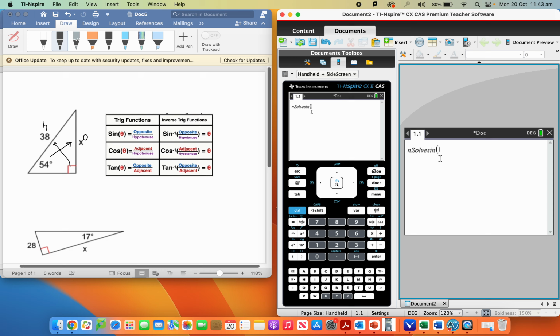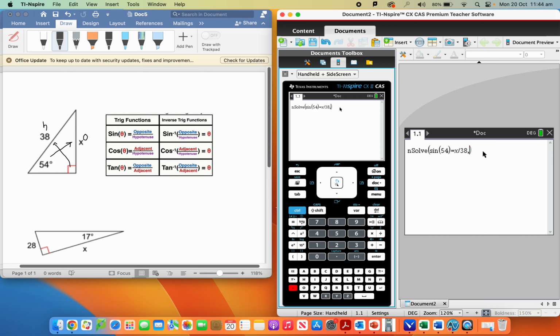Now we're going to type in our angle, which is 54. I'm going to close the brackets, and that's going to equal, again, we want to make sure that all of this is in a set of brackets, and we're going to put x for the opposite side. We're going to divide that by the length of the hypotenuse, which is 30.